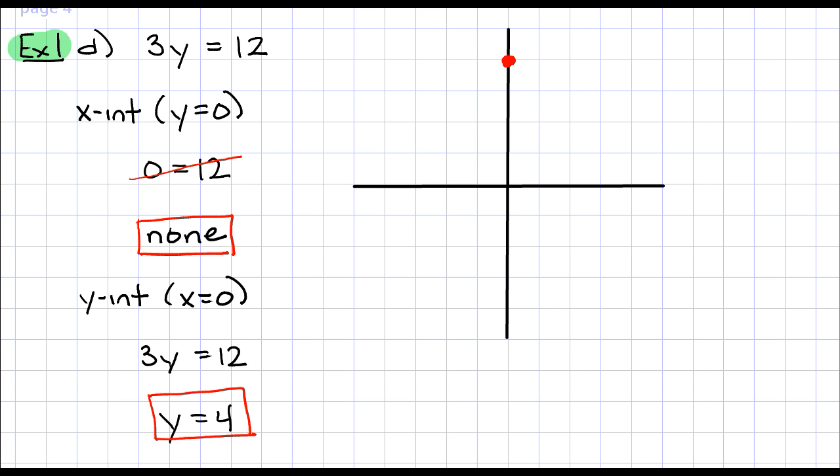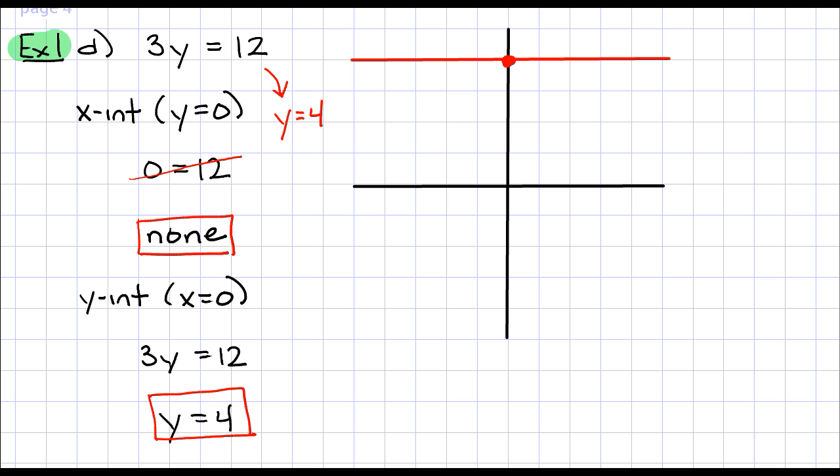So if there are no x-intercepts, that means the line that we are looking for never hits the x-axis, so it must be parallel to the x-axis. So our line will actually look something like this. And that actually makes sense when you think about it, because the equation we were given doesn't have an x in it, but it simplifies right away to y equals 4.